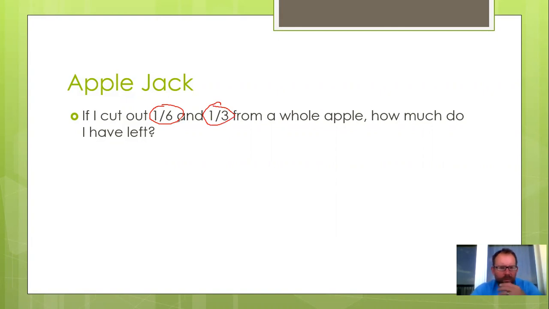So if I cut out 1/6 and 1/3 from a whole apple, well, let's see here. So a whole would be, in fraction form, we'll use 1/6 and 3/6. So we use 6. So we'll say it is 6/6. So word problems can be tricky like that. They say a whole. Well, you have to realize that that means 6/6.